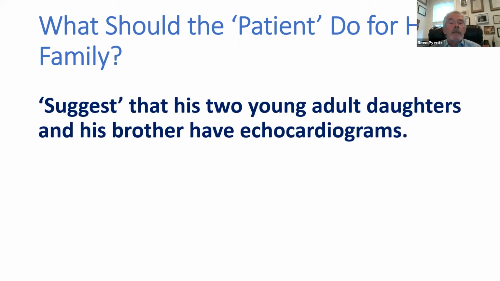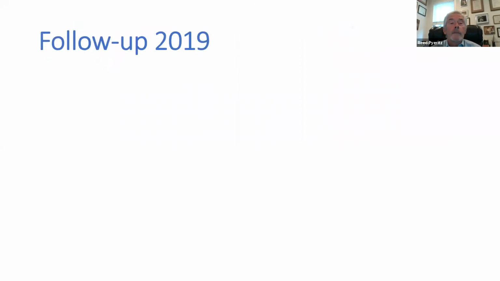So in the best case, I suggested that they undergo an echocardiogram themselves to see if they had a bicuspid valve. And fortunately, all were normal. So I'm the only one in my family who's been affected by a bicuspid valve.